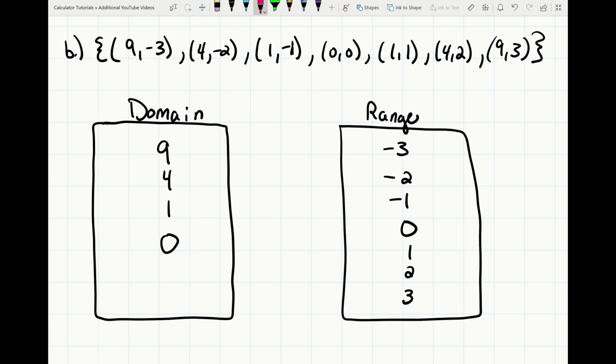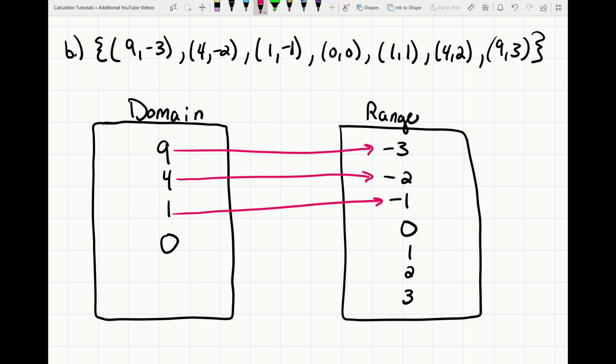All right, let's go ahead and map them. 9 points to -3. 4 maps to -2. 1 maps to -1. 0 maps to 0.